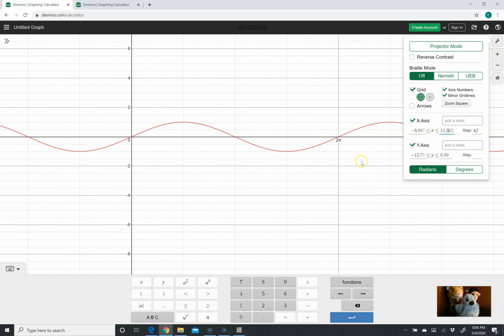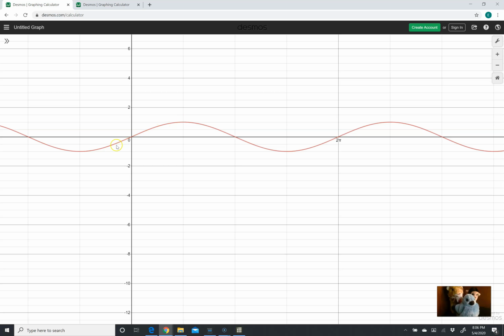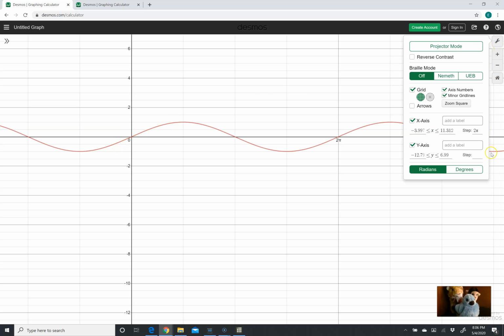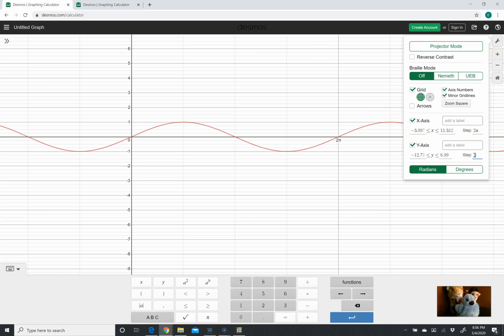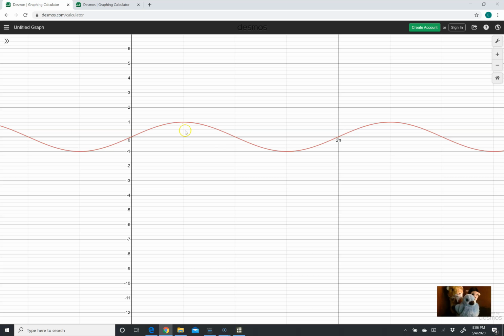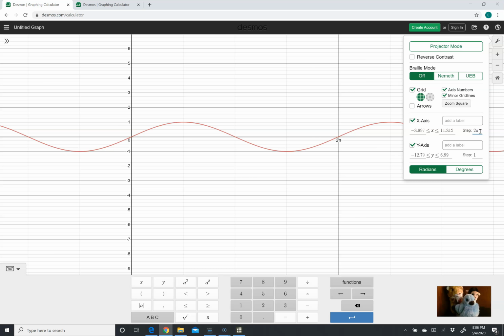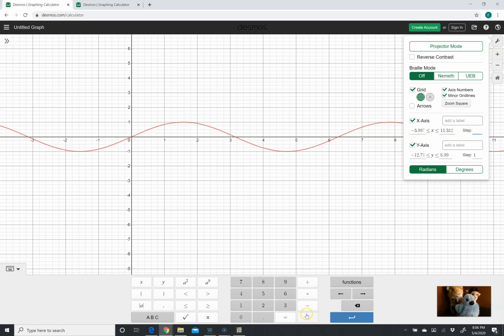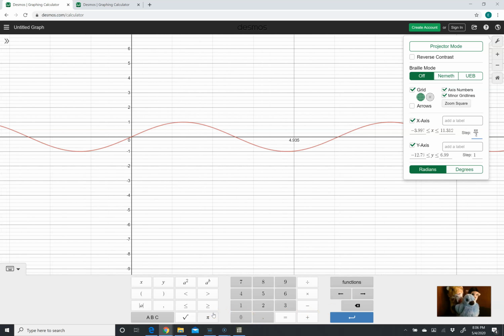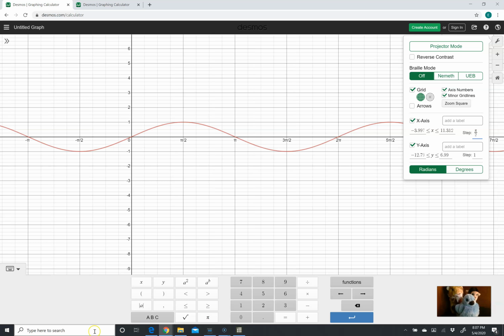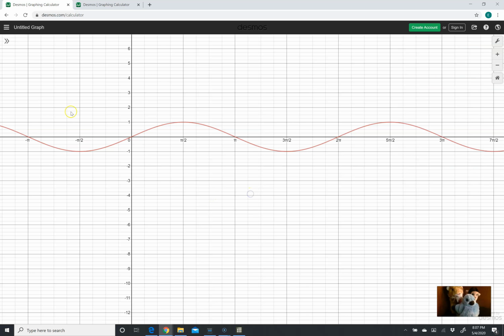Okay, this will help us. So for our amplitude, let's just step by 1 here. Sorry about that. I just want to show you because this is how you're going to do this, okay? So we have pi over 2.